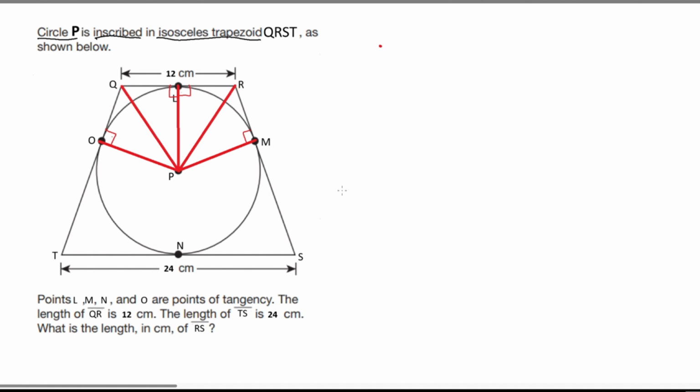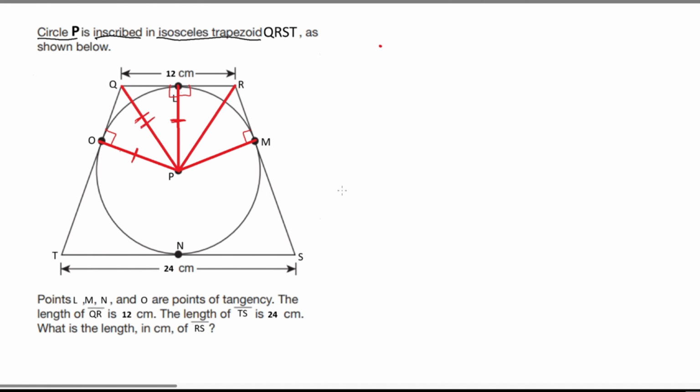They have a right angle, and they have an angle in common. They also have this side congruent to this side, since all radii are congruent to each other, and OP and LP are radii. They also have QP congruent to itself. This is by the reflexive property.